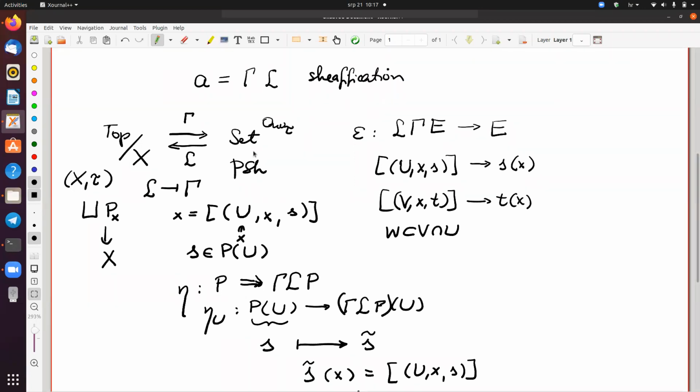So the pre-sheaves in this essential image of the sheafification functor are pre-sheaves with this gluing property.